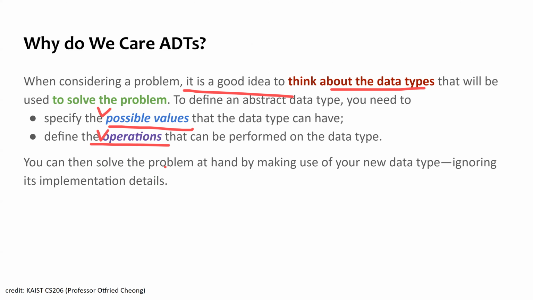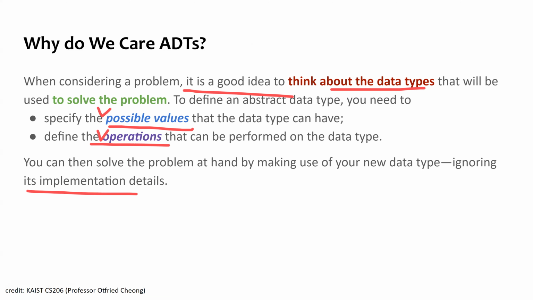And in the beginning of this course, in the introduction class, I mentioned that sometimes you need to design your own data structures or own data types. And this abstract data type is about that, defining your own data structures or own data types. And you could just ignore its implementation details. And you just say, oh, there might be this kind of ADT, and I can use this data structure to solve my own problem.